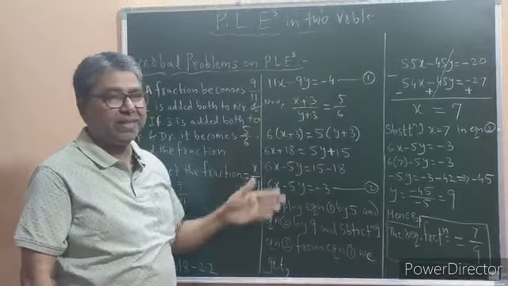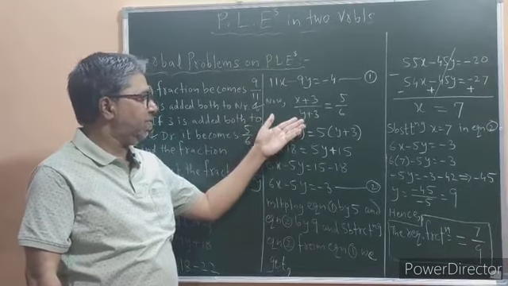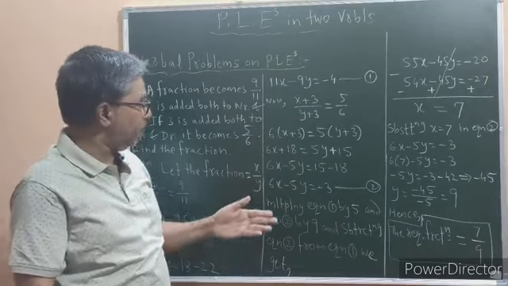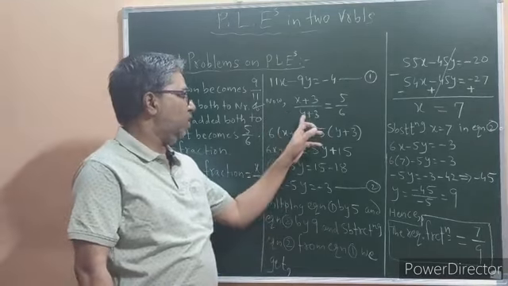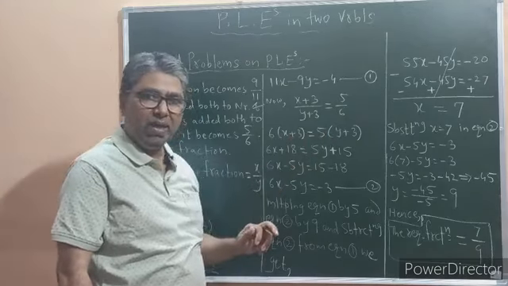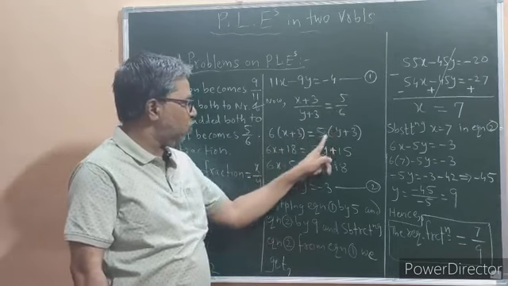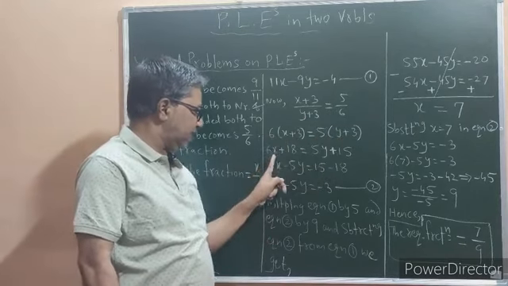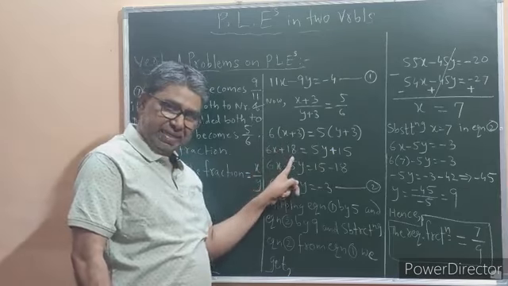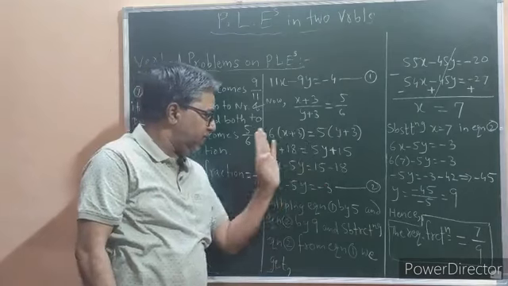Again, two fractions are equal. Therefore, take cross multiplication. x plus 3 is to be multiplied by 6 and y plus 3 is to be multiplied by 5. So 6 into x plus 3 is equal to 5 into bracket y plus 3. 6 into x, 6x plus 6 3s are 18 is equal to 5 into y, 5y plus 5 3s are 15.